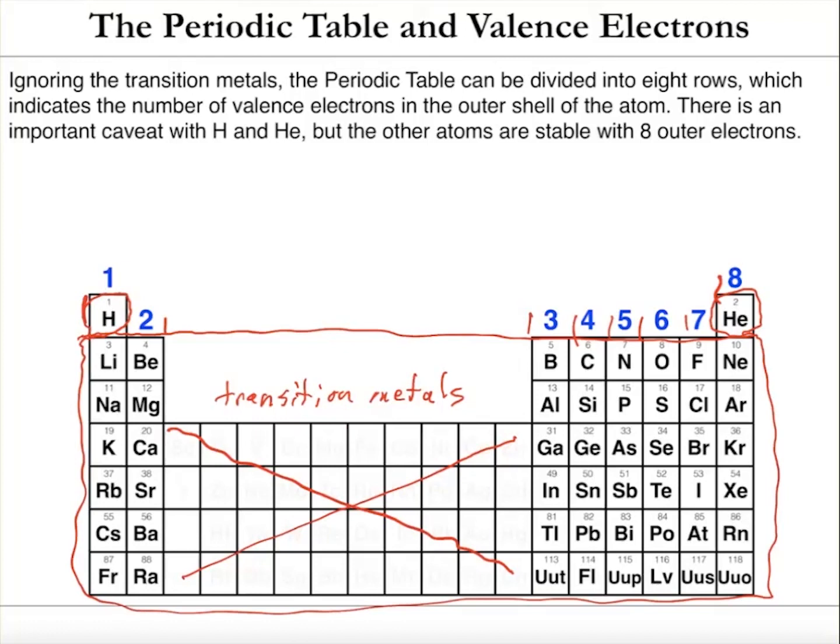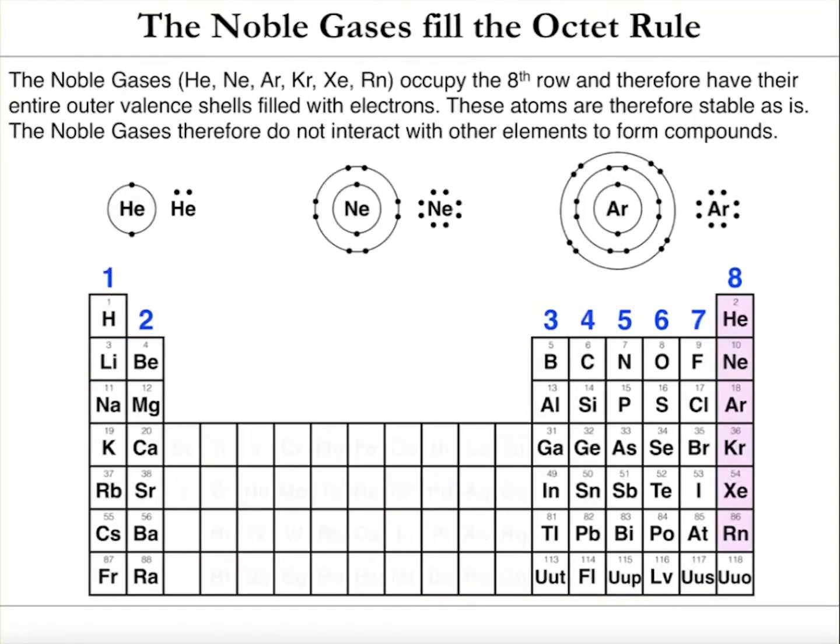And again, you don't need to memorize this or be able to use this, but it's interesting information to know. And it's really important if you want to understand or intuit how atoms and molecules interact with each other. We can see already that there is this row right here, which is the eighth row that already fills in this octet rule.